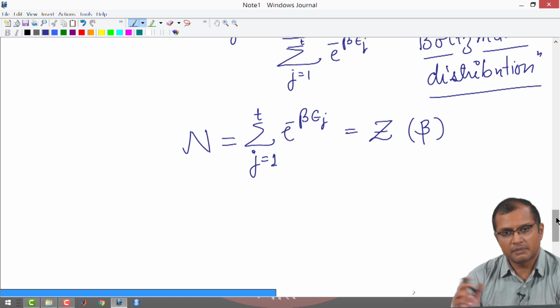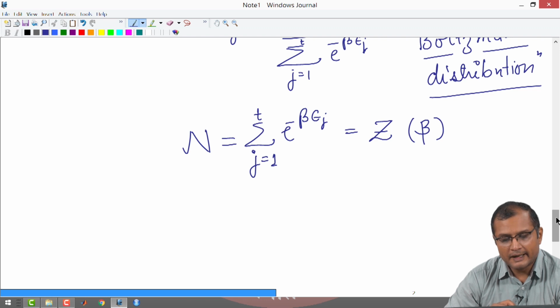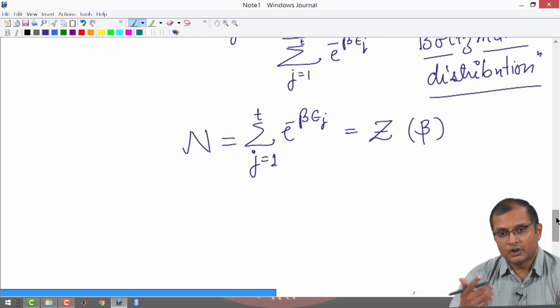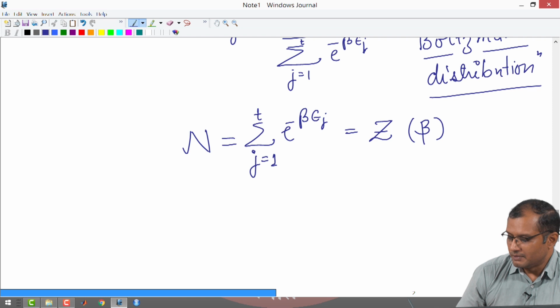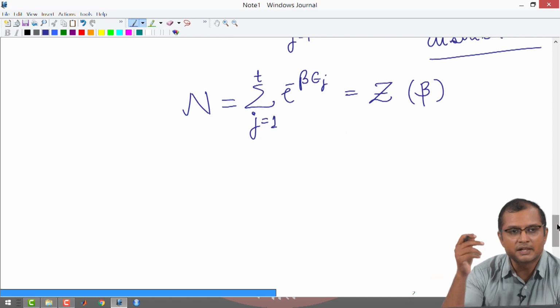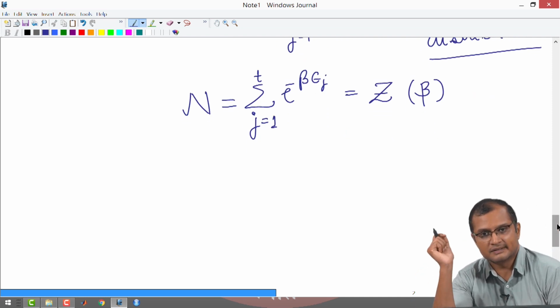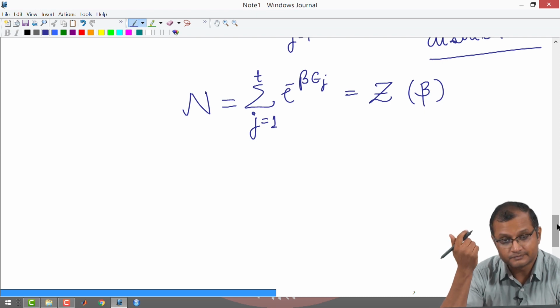So, this is one example that we have discussed, and I am going to give you one more example, a worked example, where the degrees of freedom are not discrete, they are continuous.